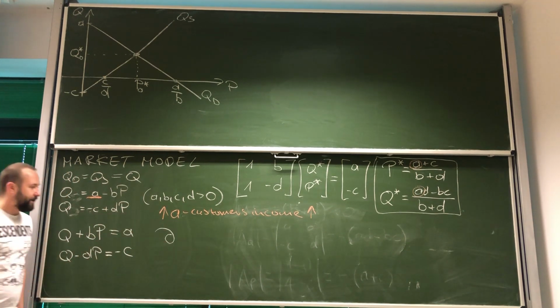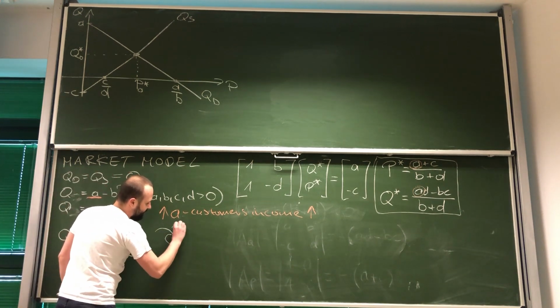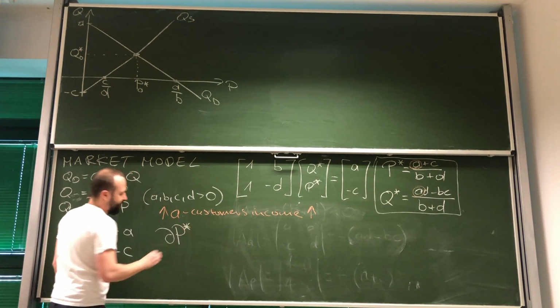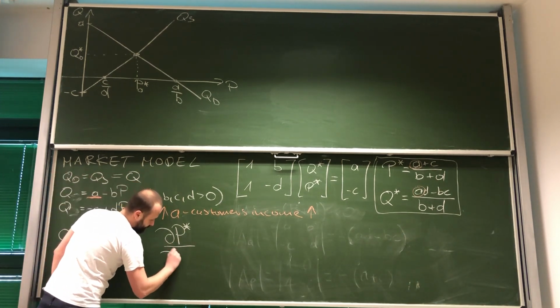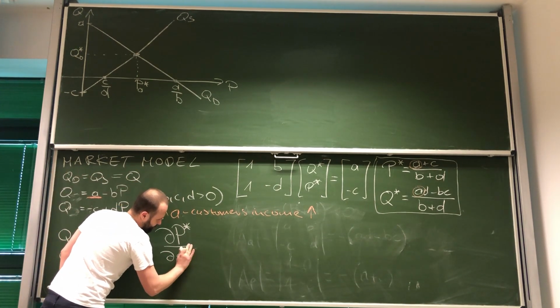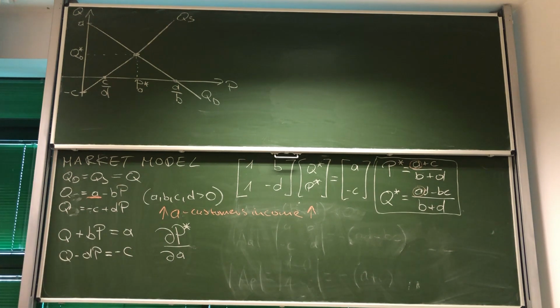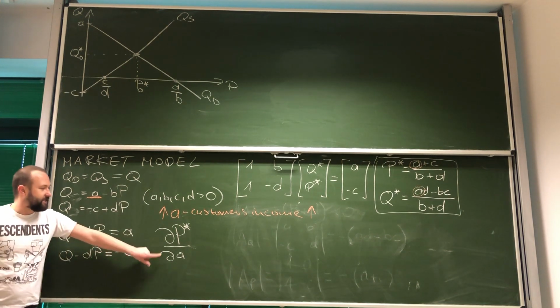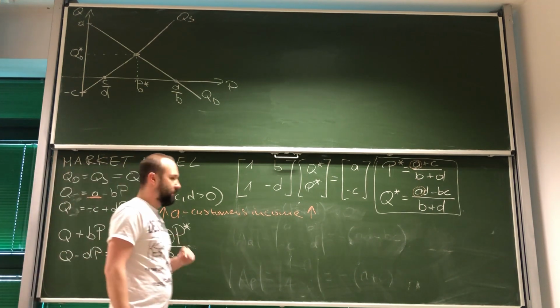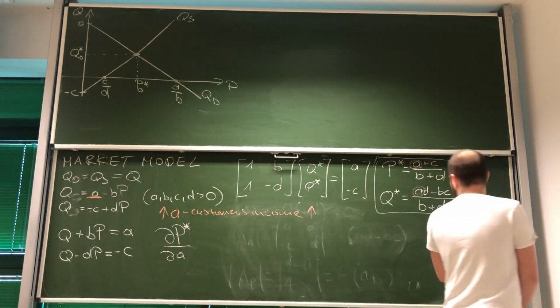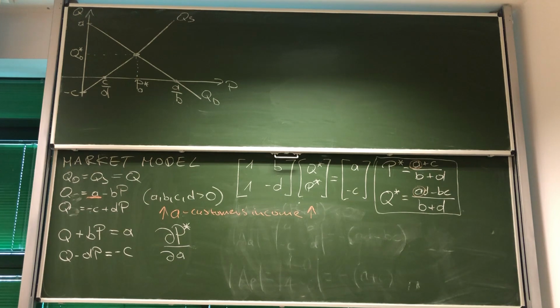How can I evaluate it? Well, I can calculate the partial derivative of equilibrium price with respect to A. So look, this expression will tell me what happens to P, equilibrium price, as A increases by a very, very small amount.